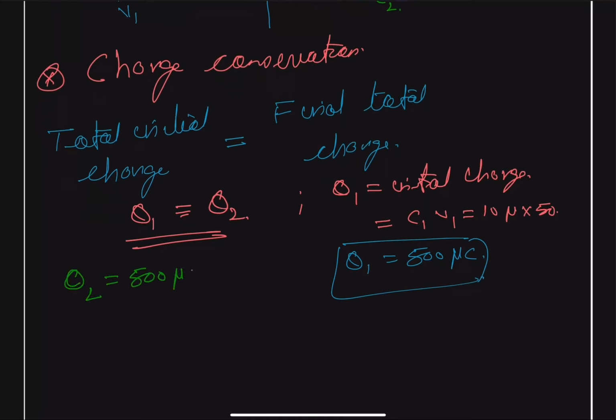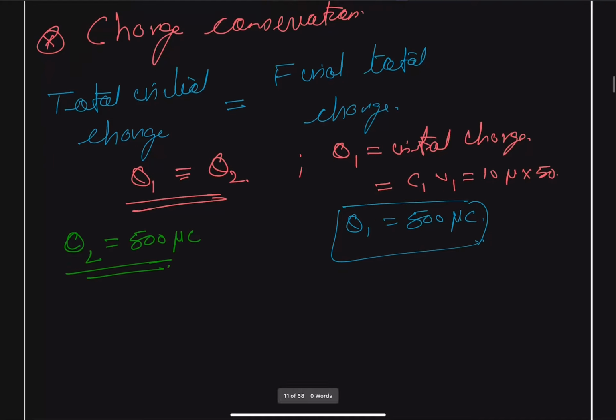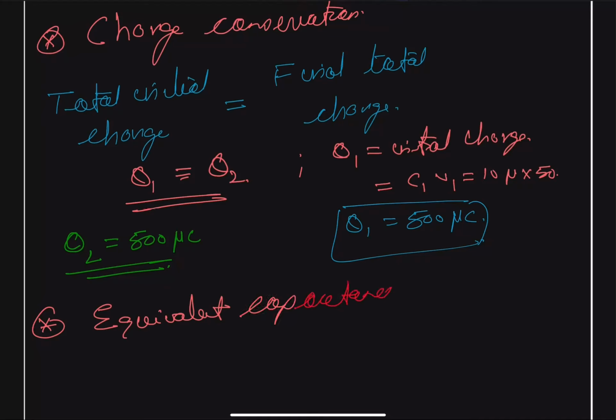Okay. And we can also find out the formula for Q2. So for that we require our equivalent capacitance, and this is when C1 and C2 are in parallel.